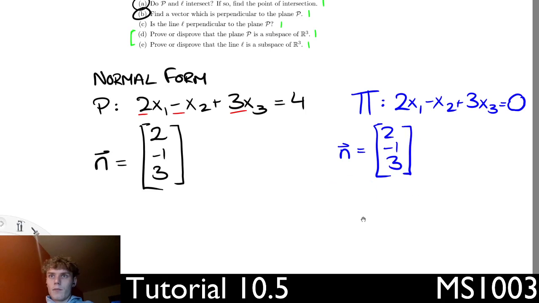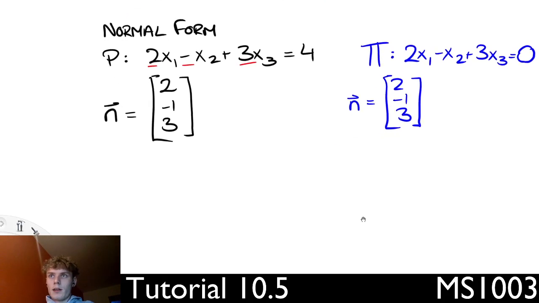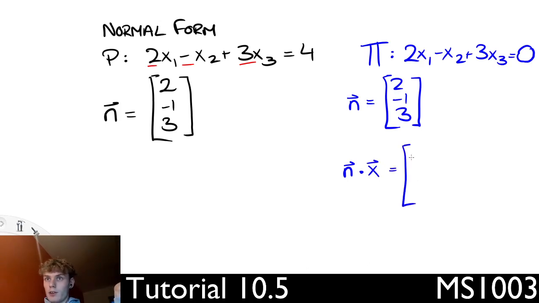And, good thing is, if we think about what the normal vector is, the normal vector should be perpendicular to the plane, always. So, if I do n dotted with any x on the plane, I should get 0. So let's try and do that.